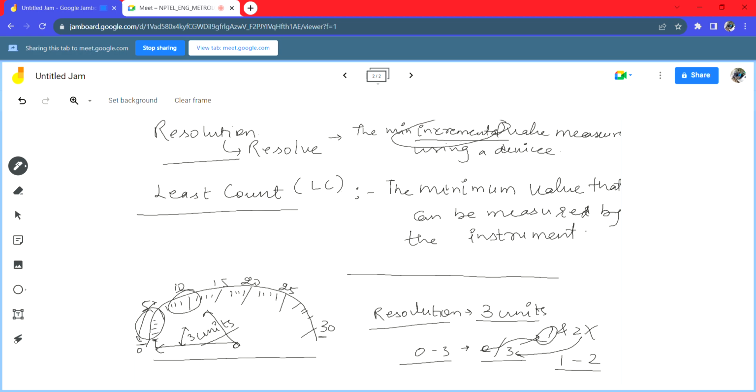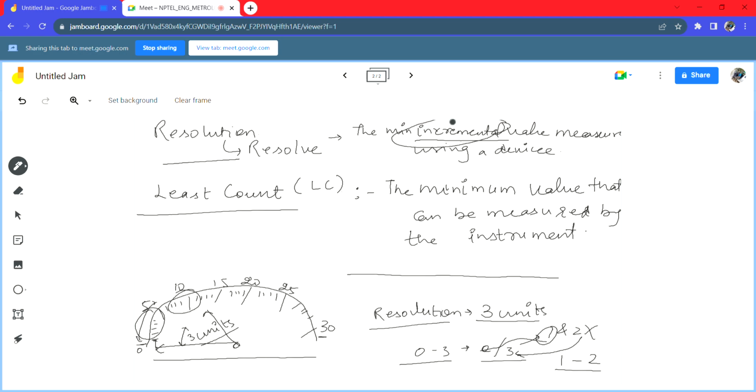Now, if there is a value that is lesser than the resolution of the device, it will always give an error, and it will always show you the minimum value it can resolve up to. From this word resolve, we make the word resolution of the device.